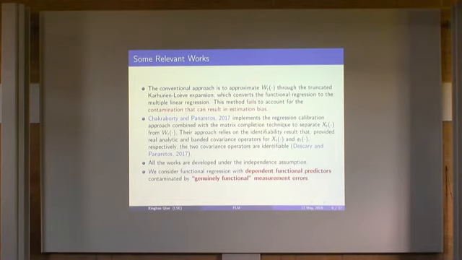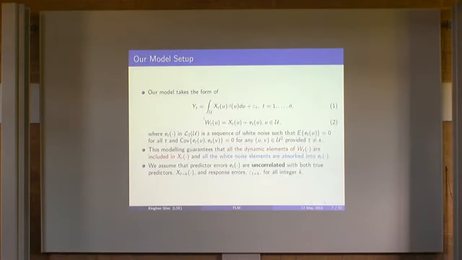So what we consider here is a more general functional regression setting. We consider regression with dependent functional predictors, and the functional predictors are not fully observed. Actually, they are contaminated by genuinely functional measurement errors, meaning the underlying covariance structure of the error process does not have any parametric assumption. This is our model framework.